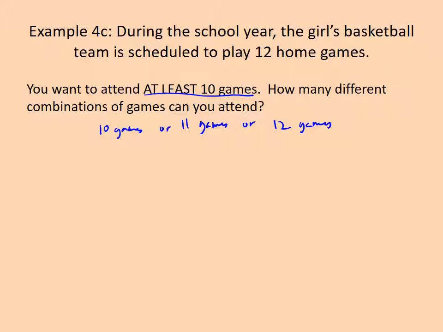So attending 10 games would be 12C10. Attending 11 games would be 12 choose 11. And attending 12 games would be 12 choose 12. Since these are all the possibilities for at least 10 games, when you add these up, you have 66 plus 12 plus 1. There are 79 possible combinations of attending at least 10 games.